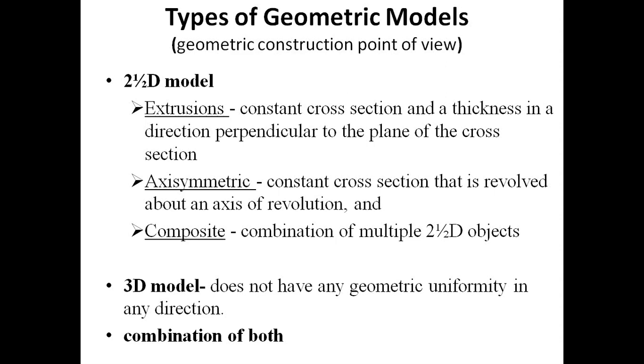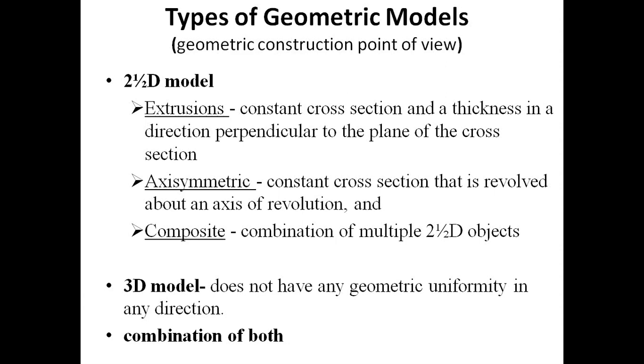We heard 1D, 2D, 3D, so what is this 2.5D? Definitely this 2.5 is between 2D and 3D. In short, we can say that the part is 2D only, but it is represented in 3D. Meaning a 2D part looks like a 3D.